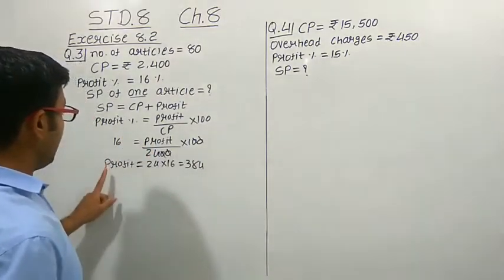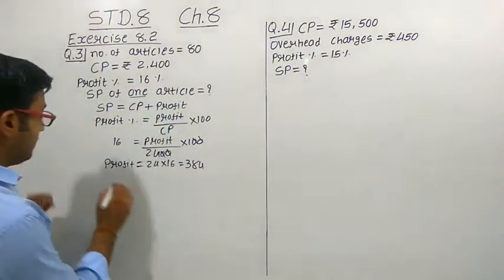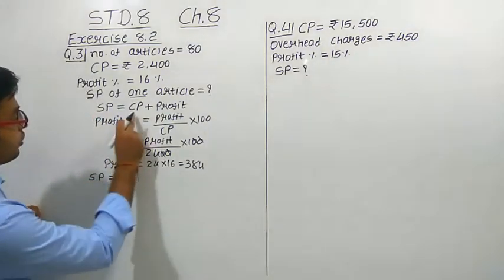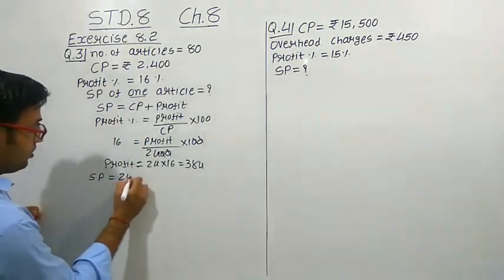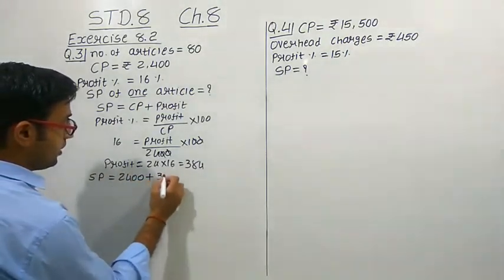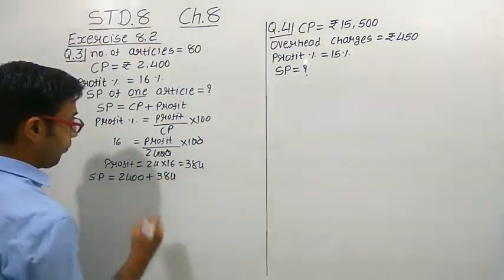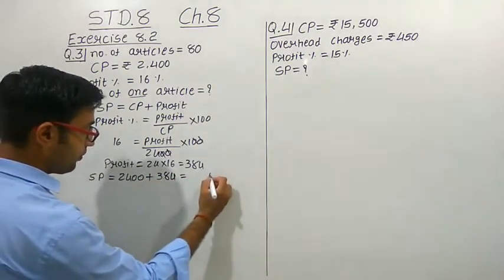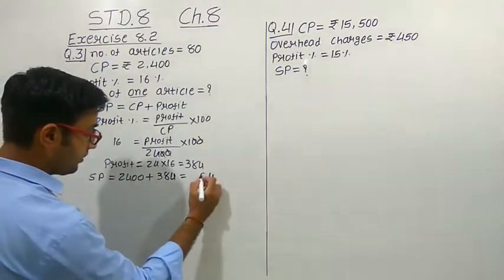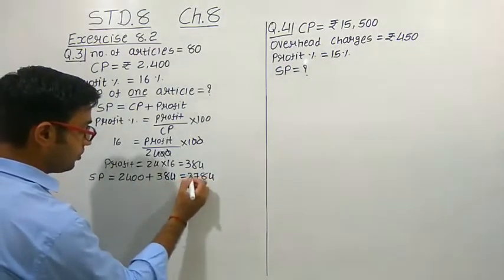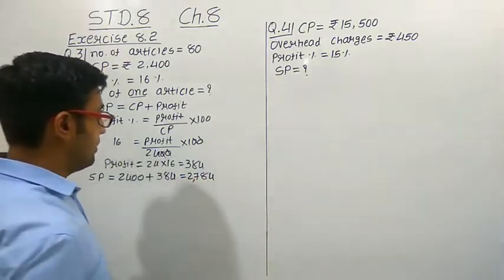So now if we add this profit here, we get the selling price. Selling price here is cost price 2400 plus the profit 384, right? When we add, we get 2784.